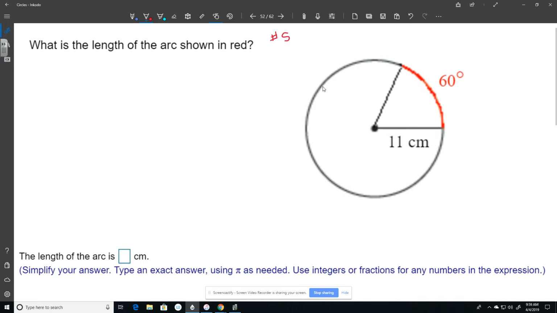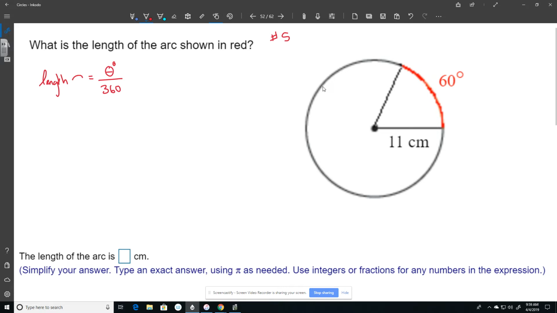What is the length of the arc? So I already know that the measurement, my angle of my arc, is 60 degrees, but it wants to know, well, what is that actual length? And to do that, we had a formula to find the length of an arc. You took the measurement of the angle of the arc, divided it by 360, and that gave you, instead of using this, arc doesn't go all the way around a circle.